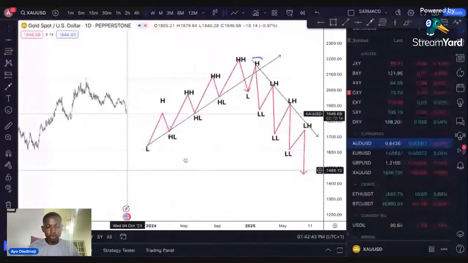Sorry guys. My TradingView seems to have frozen. It's not responding. Let me give it a few minutes for it to come up.